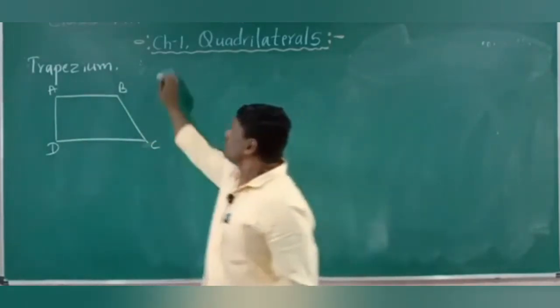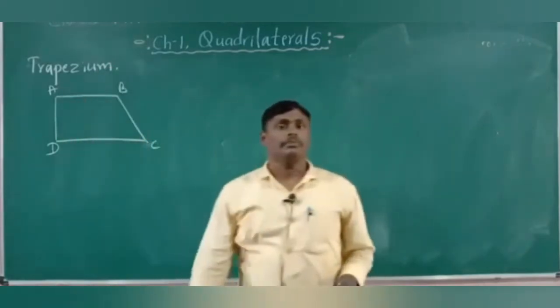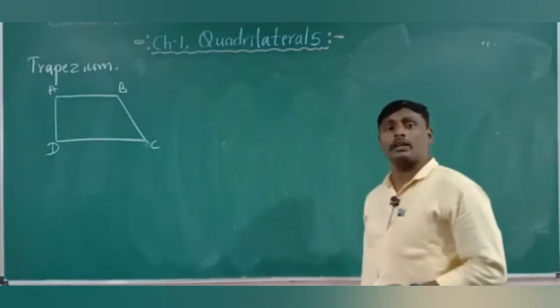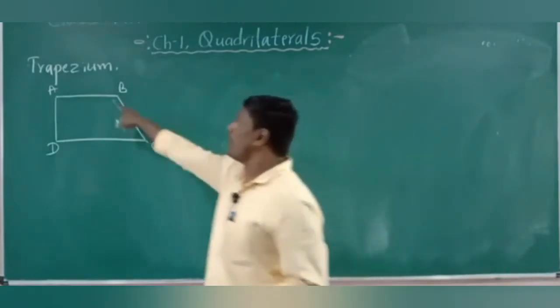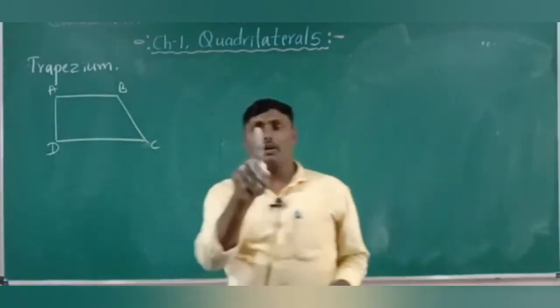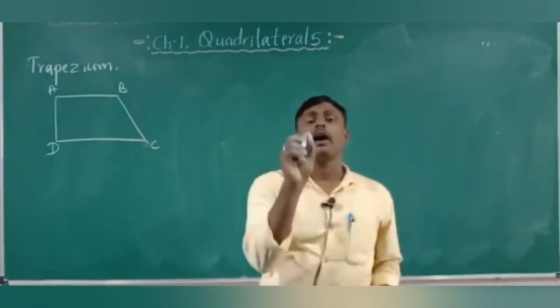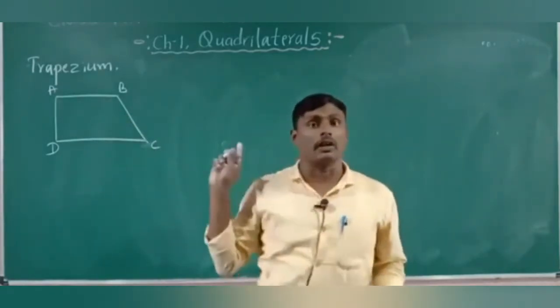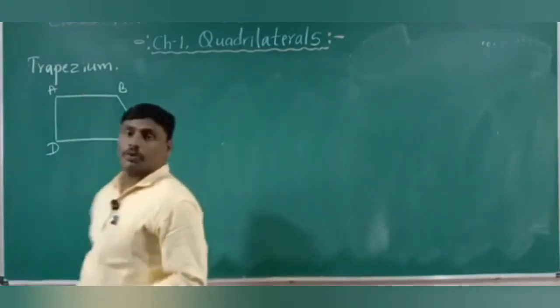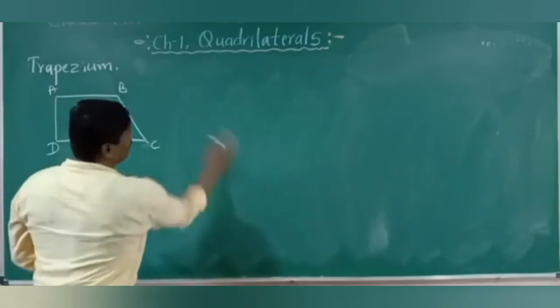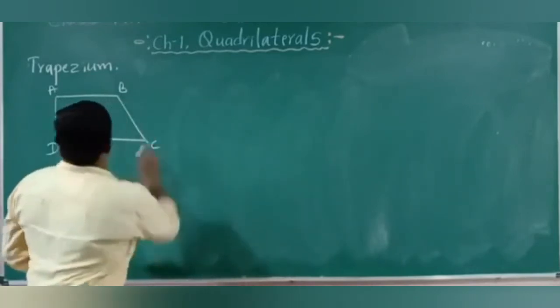Okay. So how can you define the trapezium? Trapezium is a quadrilateral in which one pair of the opposite sides are parallel only, but they are not equal. So let me discuss the properties of this trapezium.